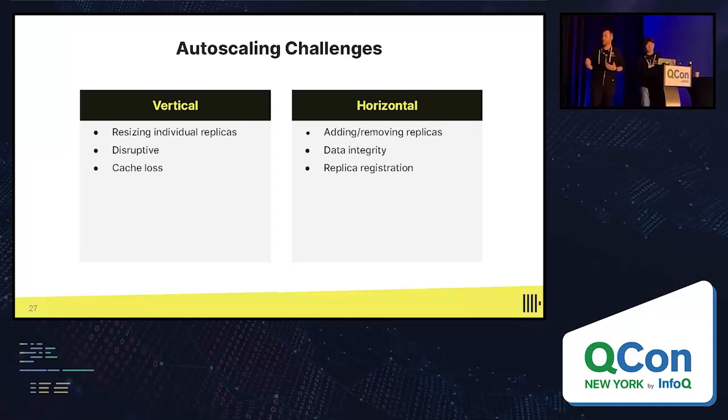The second problem with vertical auto-scaling is around cache loss. So I showed how we have two layers of cache, right? We have the EBS volumes and the SSD disks. Because the SSD disks are actually attached to the underlying hardware, if a pod gets auto-scaled, or if a cluster gets auto-scaled, when the pod moves, there's no guarantee from Kubernetes that the pod is going to be rescheduled on the same node, meaning that it may not have access to that same SSD cache that it had before.